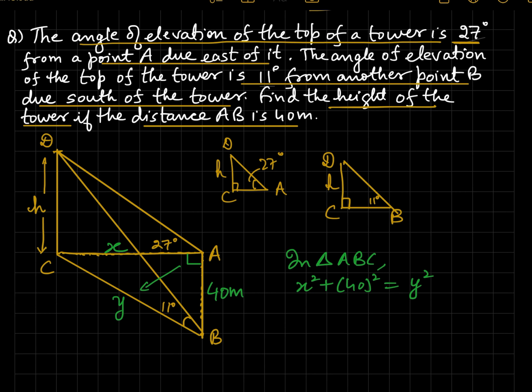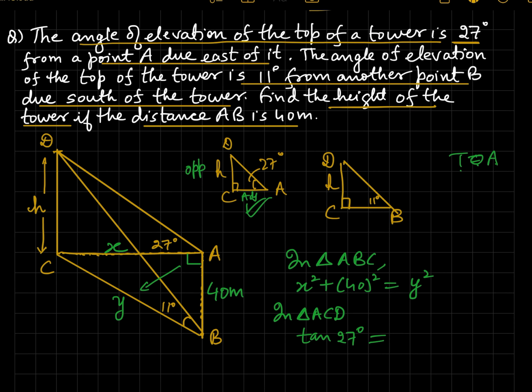Now coming to triangle ACD. If I apply tan 27 degrees, because this is the opposite side and this one is my adjacent side, correct? So tan theta is equal to opposite over adjacent.